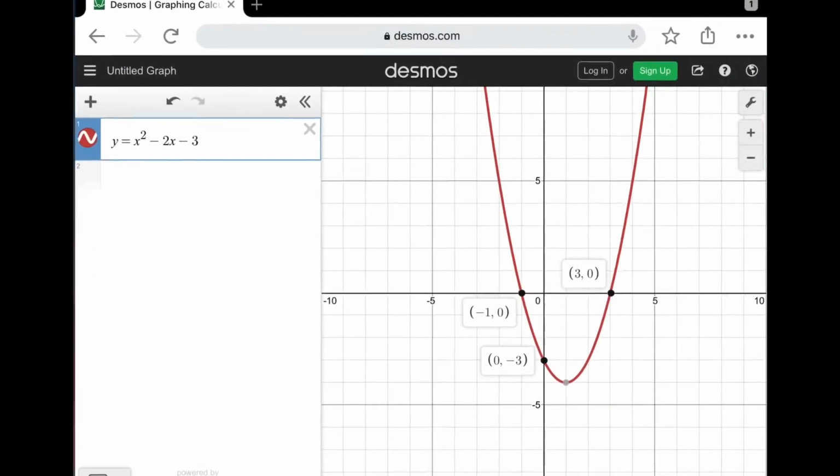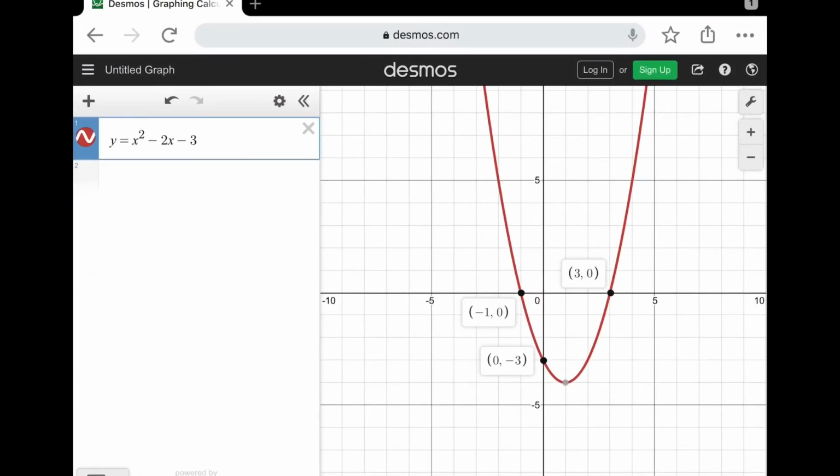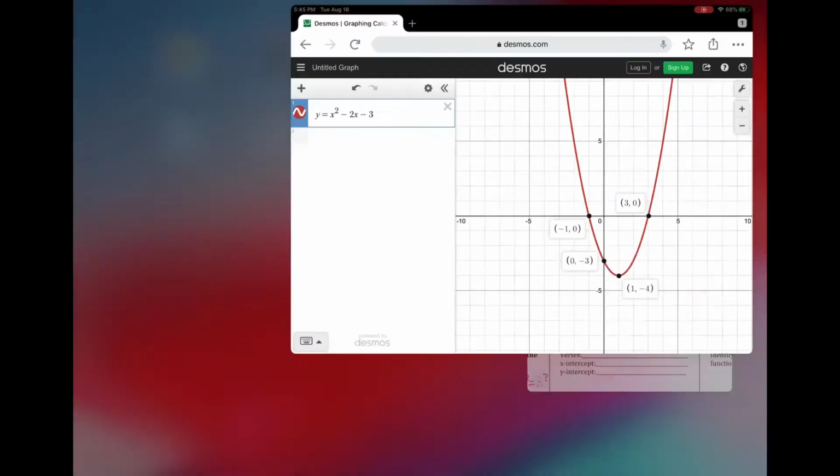Your vertex is where the graph changes direction. So if you read this graph left to right, you start going down, you start decreasing, and then all of a sudden you change directions. You start going up instead of down. At that point, we are at 1, negative 4. That 1, negative 4 is your vertex.